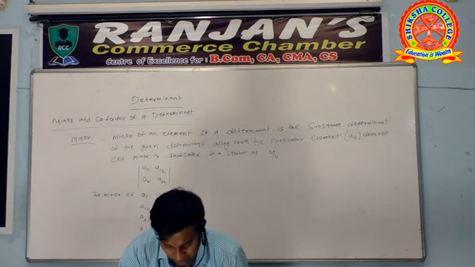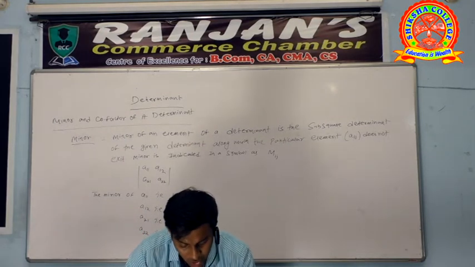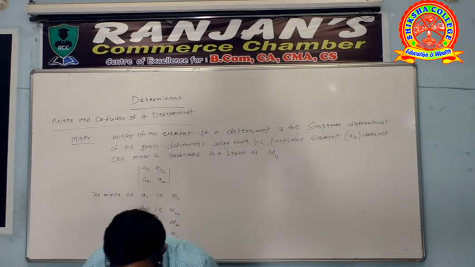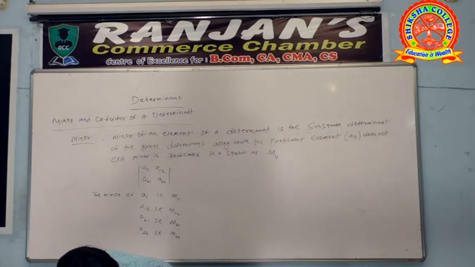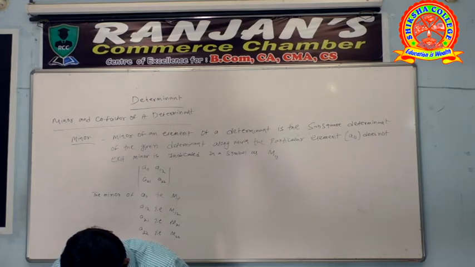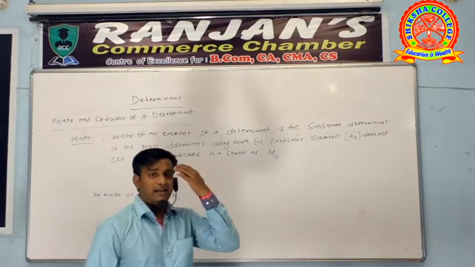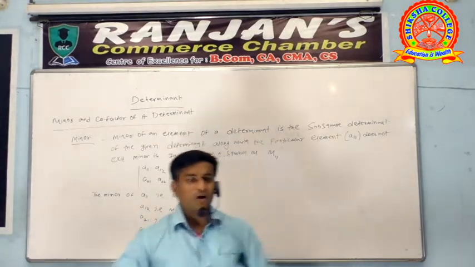While we are going to calculate the minor of a second order determinant, that is the minor of A11, that is M11, it is indicated as the opposite value of the diagonal. Clear?